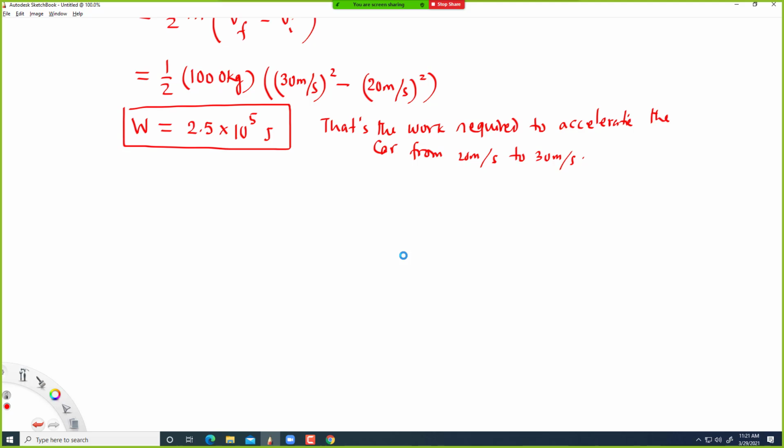Now, let's look at number 4 first, and then we'll come back to number 3. 4 is easier than number 3, so let's look at number 4. It's basically applying the formula for work. So let's say this is the surface, and that's the sled.